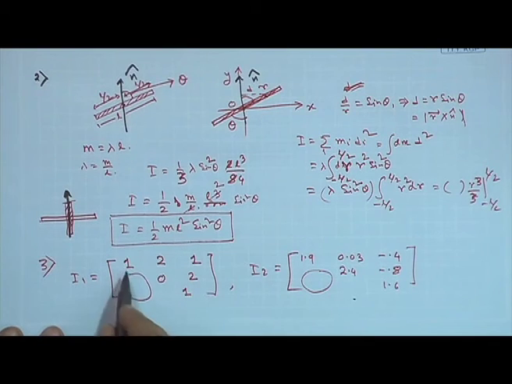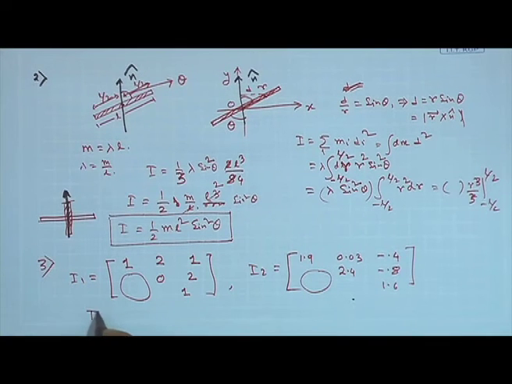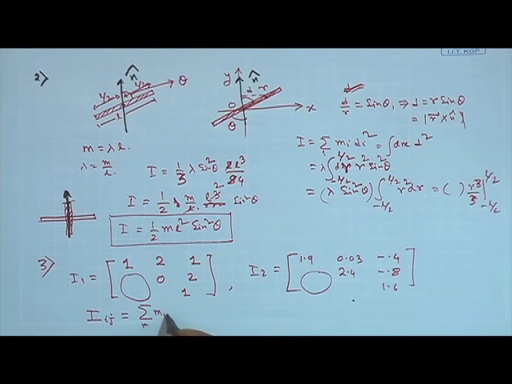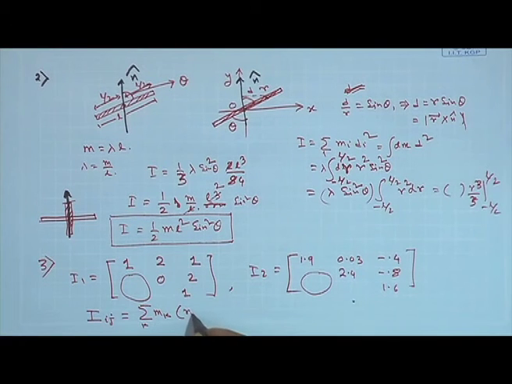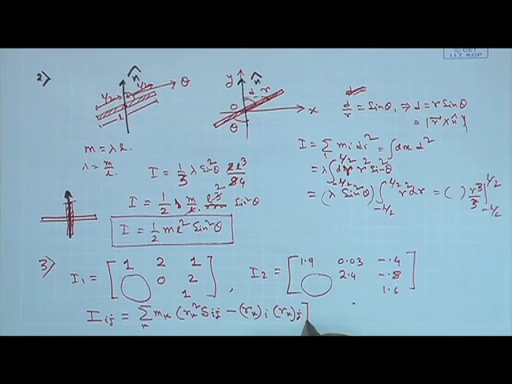Now if we recall, in a moment of inertia tensor, the diagonal elements are the moments of inertia and the off diagonal elements are the products of inertia, and the general form is I_ij equal to sum over k m_k, r_k square delta_ij minus r_ki r_kj.